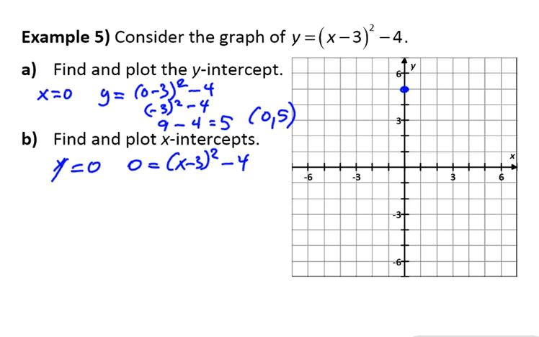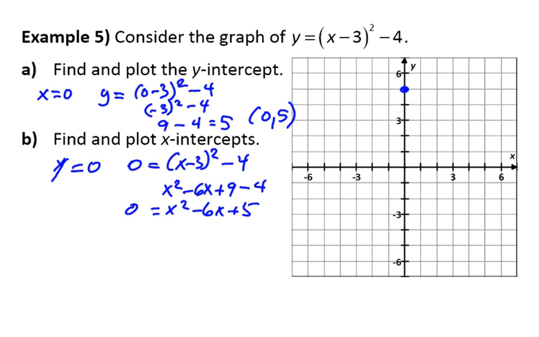So we'll want to do some work that we've done before and maybe boil this out. So this is going to come out to be x squared minus 3x, so it's minus 6x plus 9 minus 4. So that's x squared minus 6x plus 5. So we boiled that or used a box method to do x minus 3 times x minus 3. And then that's equal to 0.